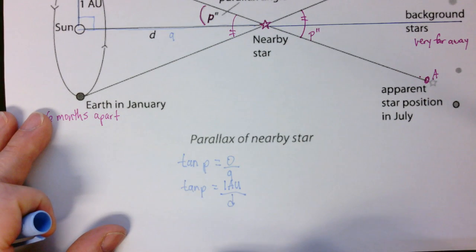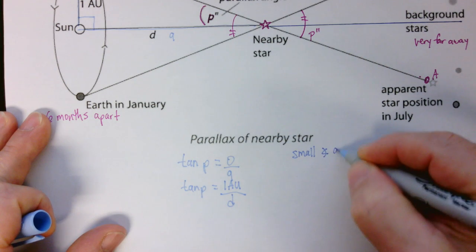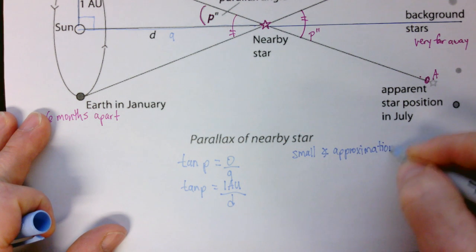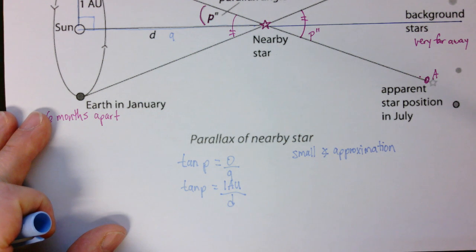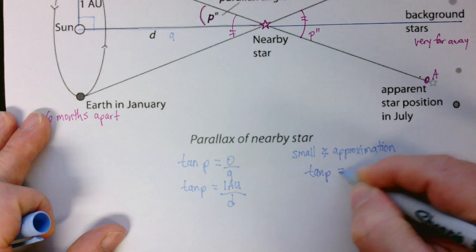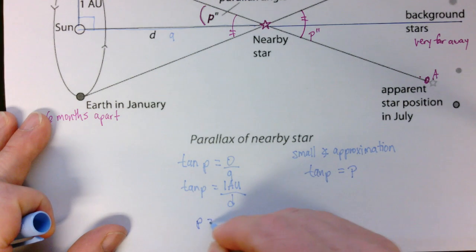So with this equation, now we have this tangent function, but we have just studied the small angle approximation. And what we learned is that for small angles, sine of theta equals theta in radians. And we also learned that theta equals tan theta for small angles. So if that's the case, then tan P equals P. Okay? So now we have P equals 1 over D.